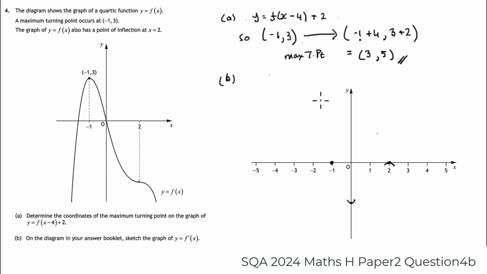So let's try and sketch that graph in. So there's the typical cubic shaped graph, and that's our sketch of y equals f dashed of x.